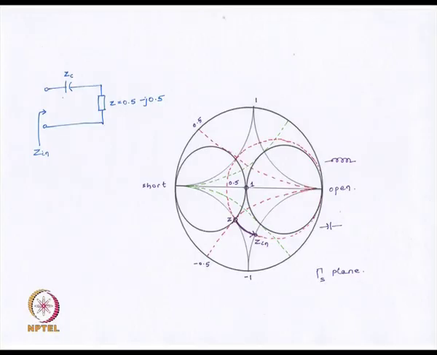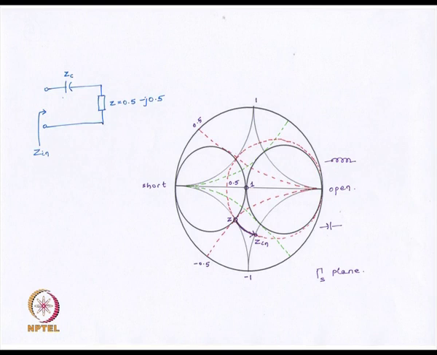We see that this is the initial Z that we had, just like in the previous slide. But on connecting a capacitor in series, this Z becomes a new value Z in, and the locus that we travel when we move from Z to Z in is along a constant resistance circle and in a downward direction.